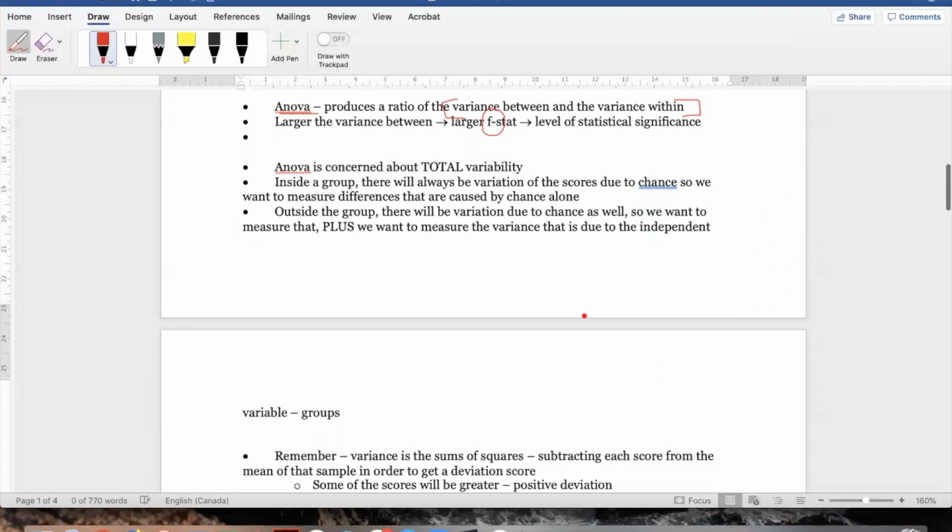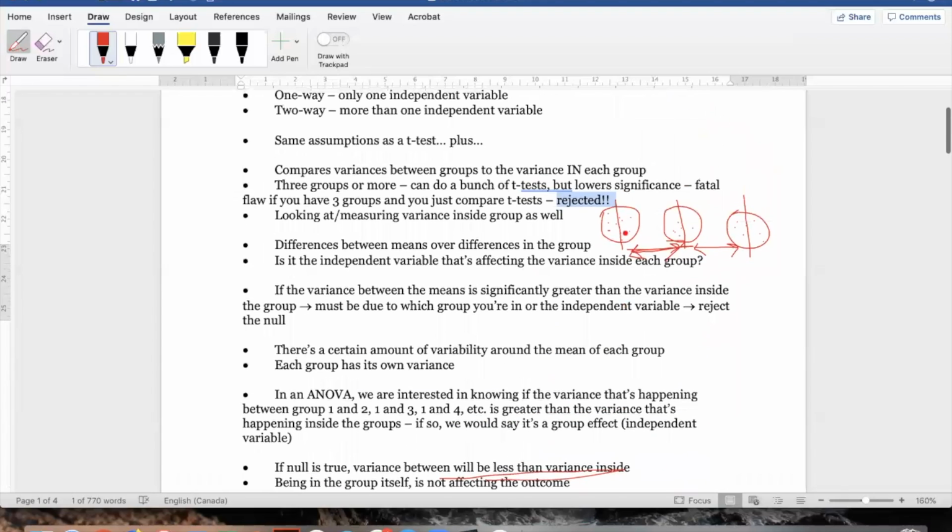So the only thing that you need to keep in mind is that an ANOVA test is only concerned with the total variability, okay? So whatever variation it's going to give you is the total variation between this group and this group.